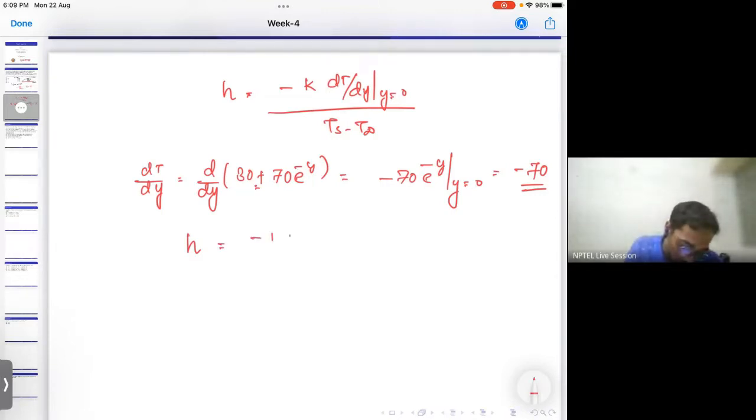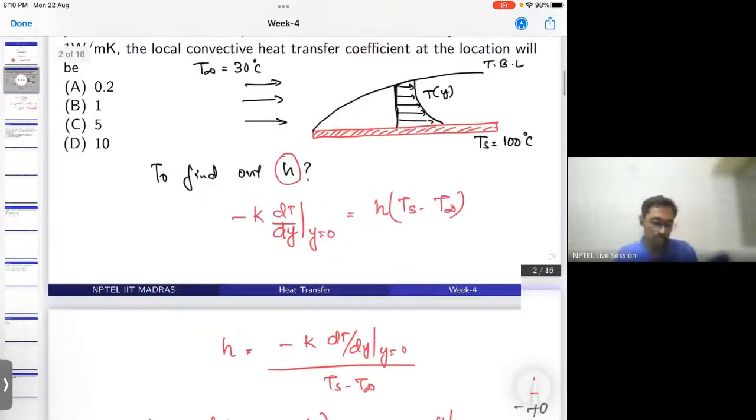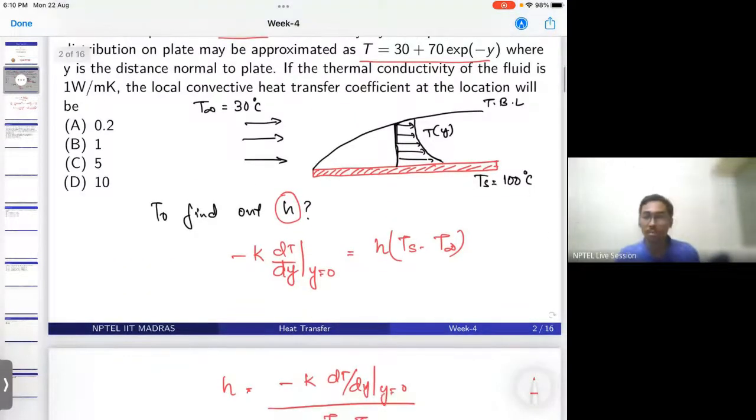So minus 1 into dT by dy at y equal to 0, which is minus 70, divided by Ts, which is 100, minus T infinity, which is 30. So it's 70 by 70, which is 1 watt per meter square Kelvin, the heat transfer coefficient at the location where this temperature profile is specified. So the answer to this question is 1.